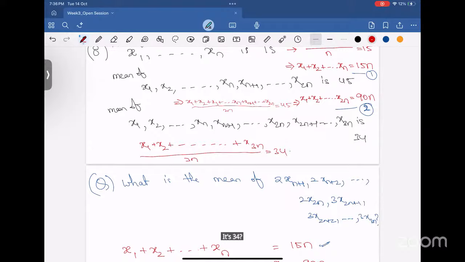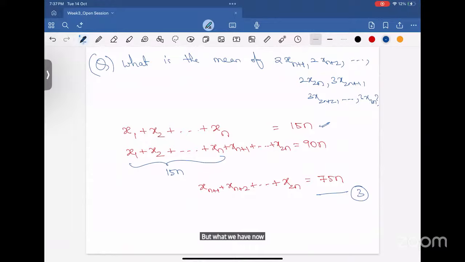So I can get the sum from x1 till x3n as 34 into 3n, which is 102n. Call this equation 4.